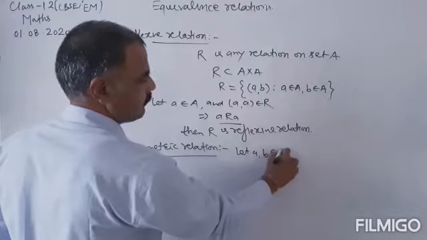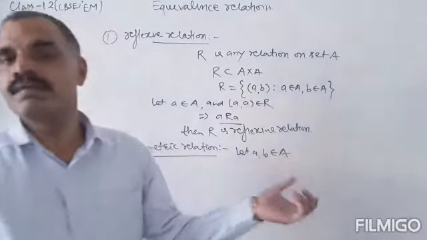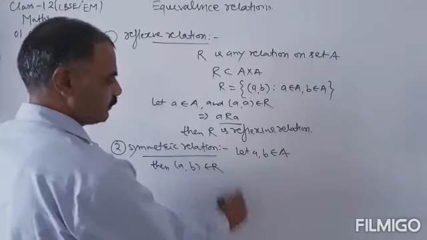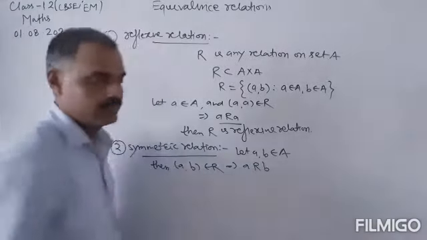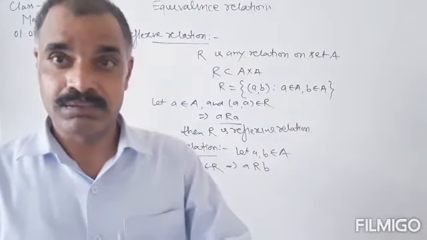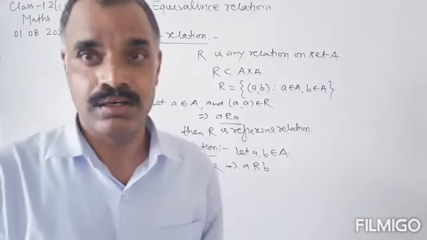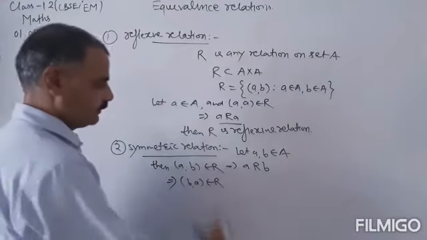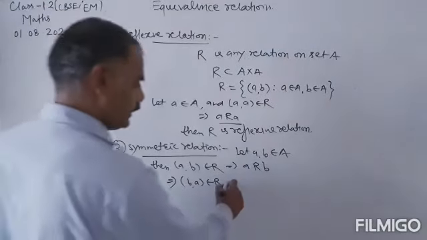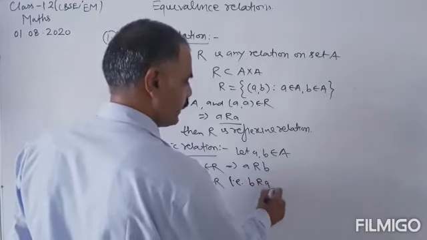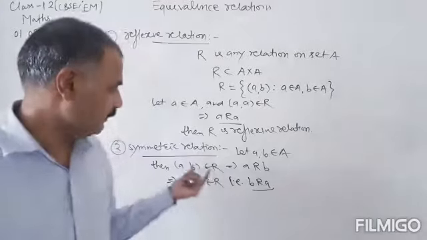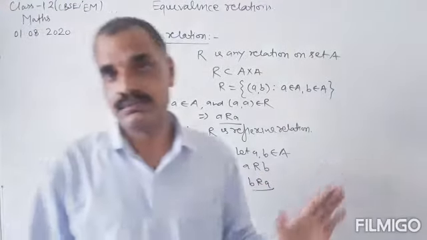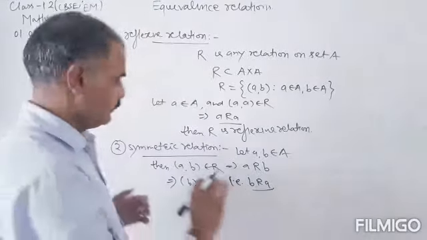Let a and b elements belong to the set A. Then (a, b) belongs to R, it means a is related to b by the given definition in relation R. If this implies (b, a) belongs to R, that is to say b is related to a, so that a R b implies b R a, then such a type of relation is said to be a symmetric relation.